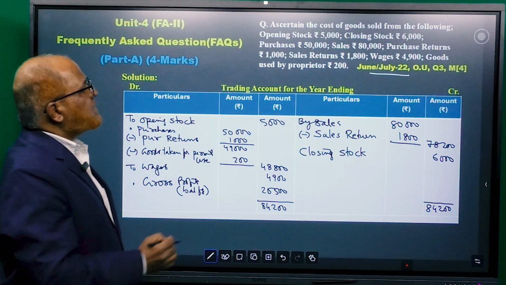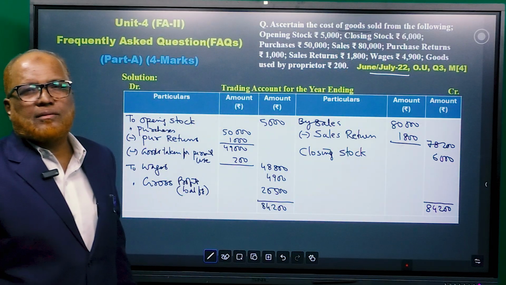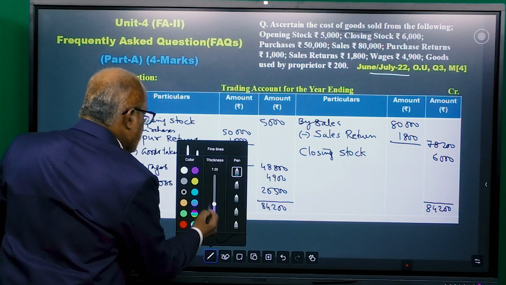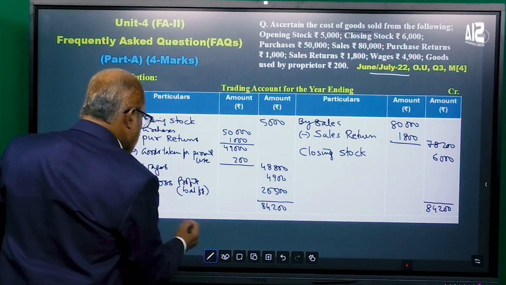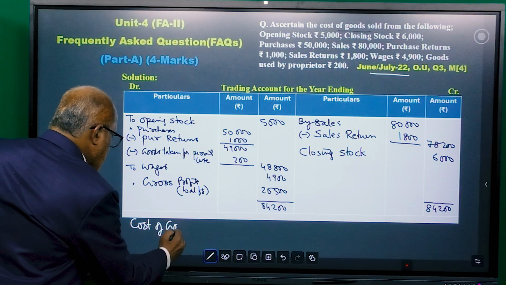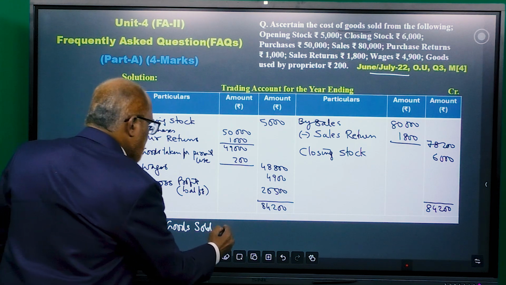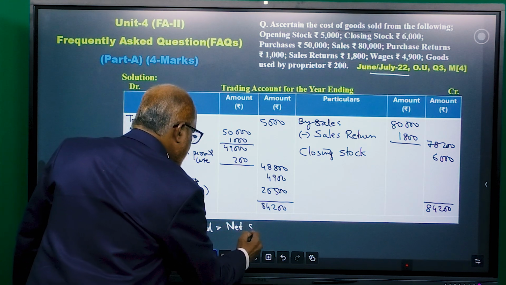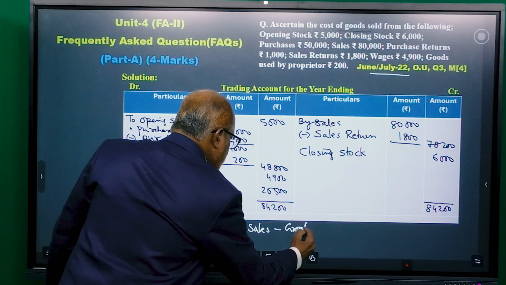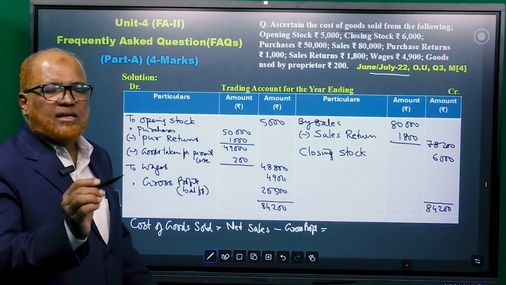But in the problem, it is asking you how much is the cost of goods sold, not the gross profit. So you must remember the formula, the cost of goods sold, COGS, is equal to net sales minus gross profit. Net sales means sales minus sales return.